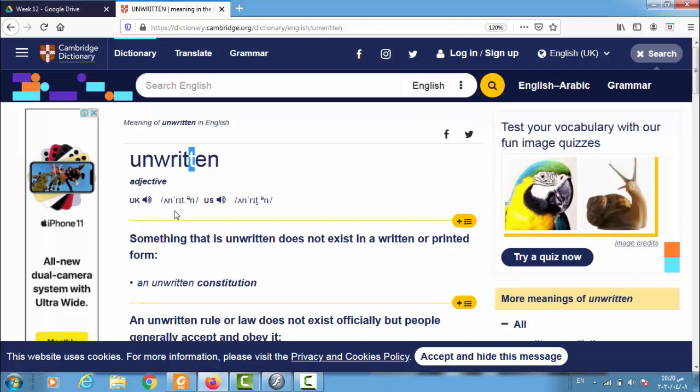So it's a silent letter. I can say that it's a silent letter in here. So unwritten means something that is unwritten, does not exist in a written or printed form.